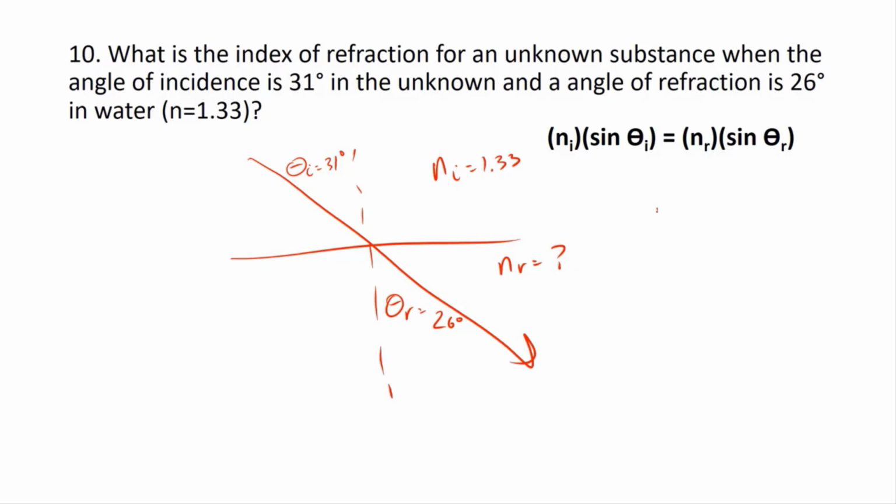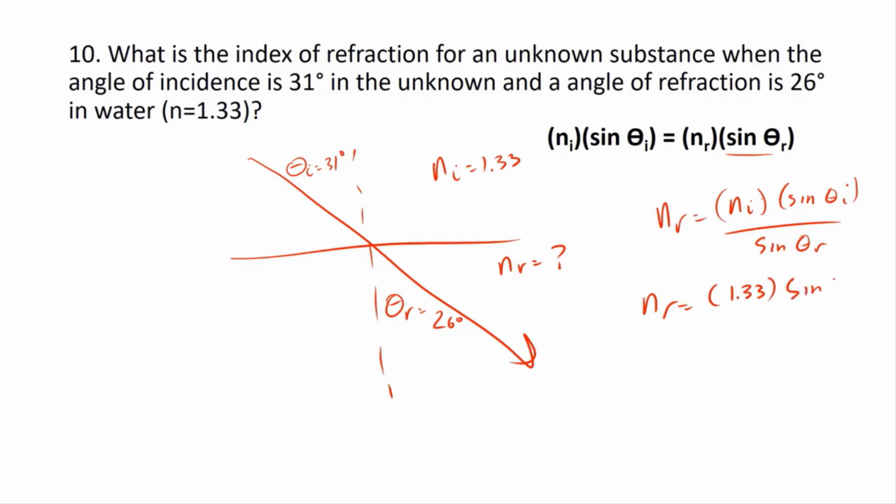So we're solving for nr, so nr equals, divide the sine out to get it on the other side, ni sine angle i over sine angle r. We do the math, nr equals, the ni was 1.33, sine of 31 degrees, over sine of 26 degrees over here.